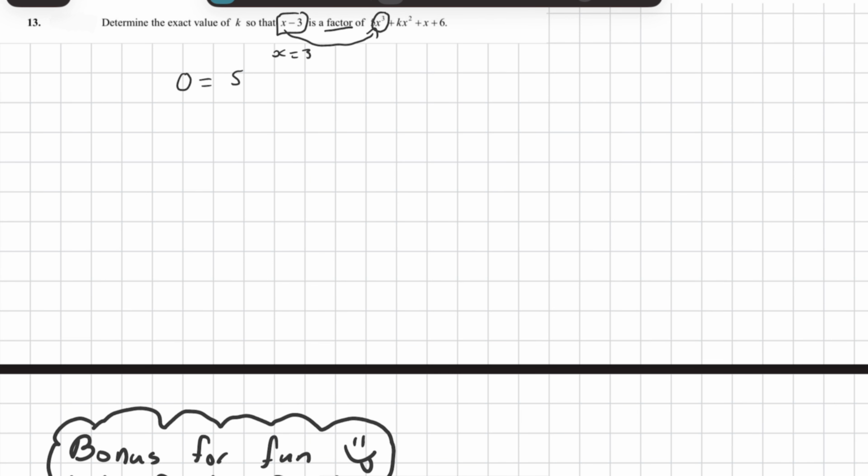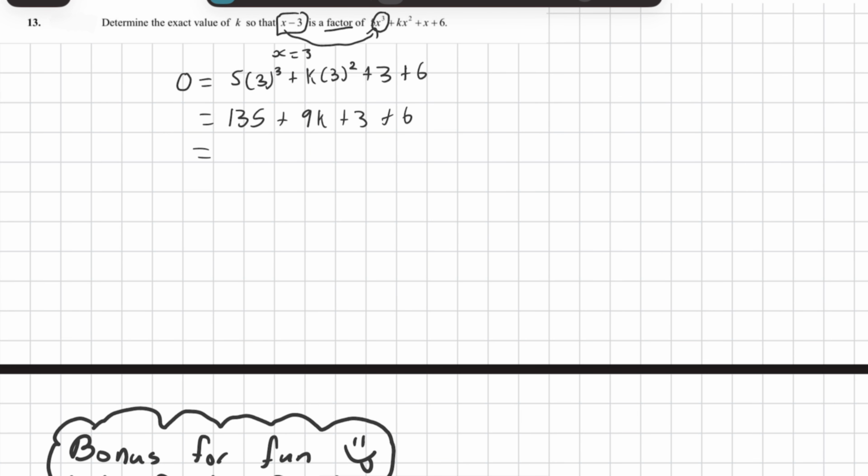So we're going to get 5 times 3 cubed plus k times 3 squared plus 3 plus 6. So we'll just go ahead and multiply that all out. So 3 cubed is 27. 27 times 5 is 135 plus k times 3 squared is just going to be 9k plus 3 plus 6.